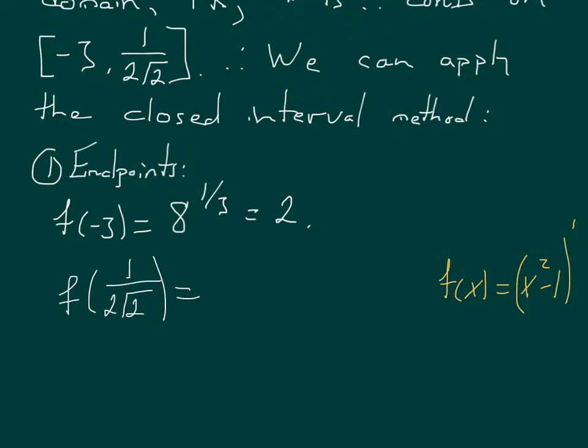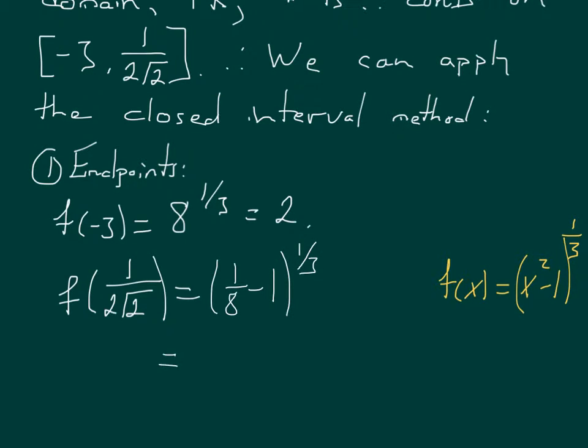All right, so we evaluate this with x equal to 1 over 2 root 2. Well, 1 over 2 root 2 squared, first of all, is 1 over 4 times 2, which is 1/8. So this is equal to the cubed root of 1/8 minus 1.